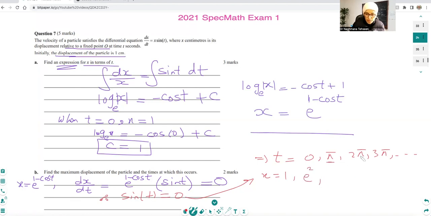And when t is 2 pi, that is again e squared. What does that mean? That means x maximum is e to the power 2 when t is equal to pi, 3 pi, and so on.